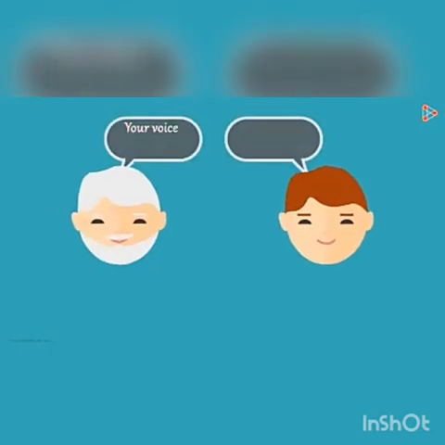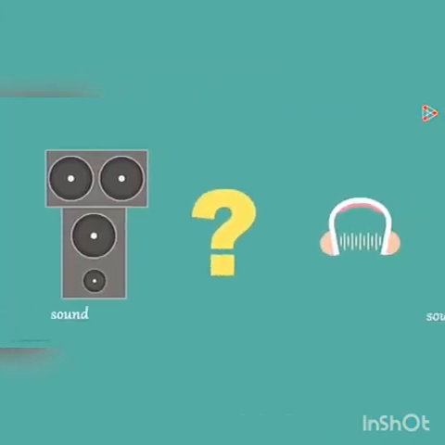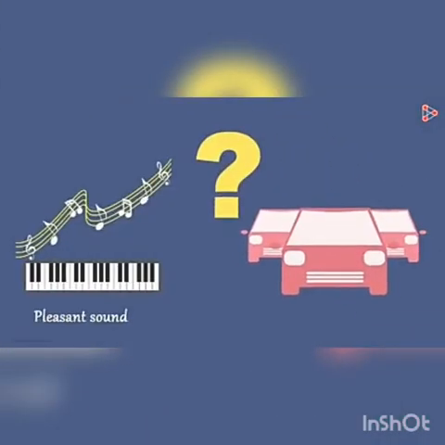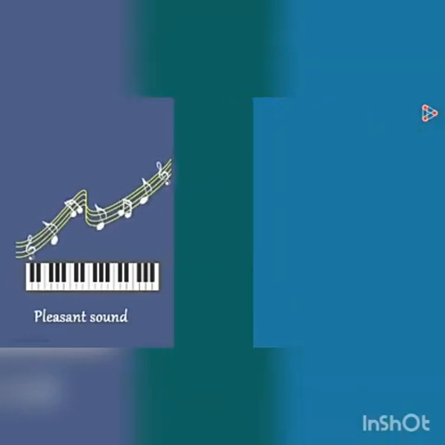We know that the voice of adults and children differ. Why is it that the sounds are different? What separates the sounds? Why is it that some sounds are louder than the others? Why are some of the sounds pleasant while other ones are annoying? We will answer all these questions in the coming videos.